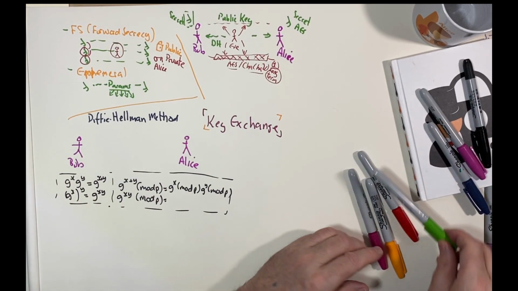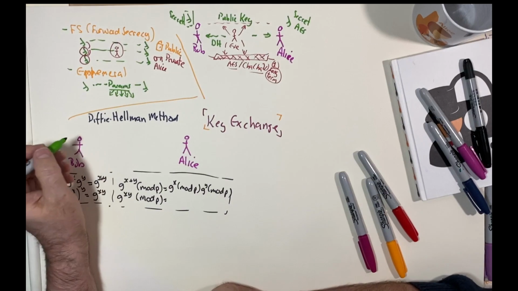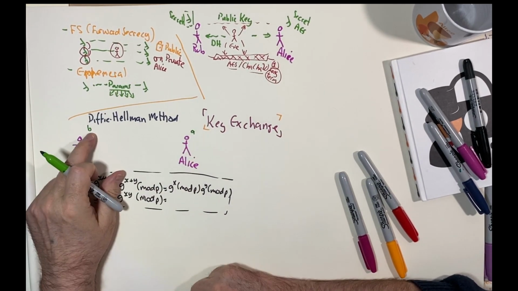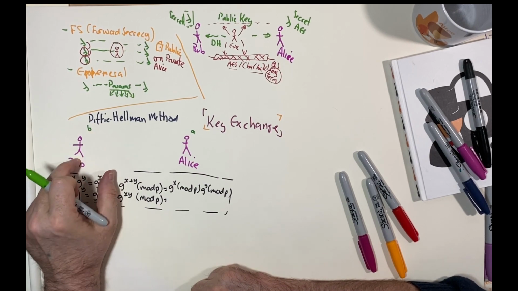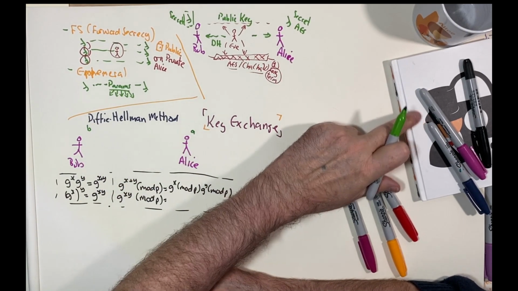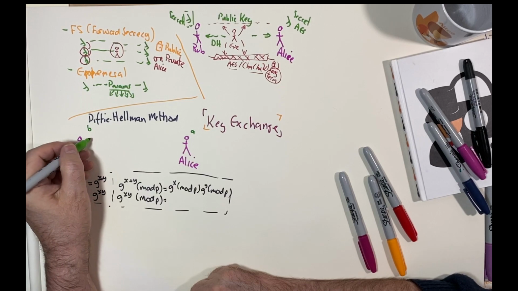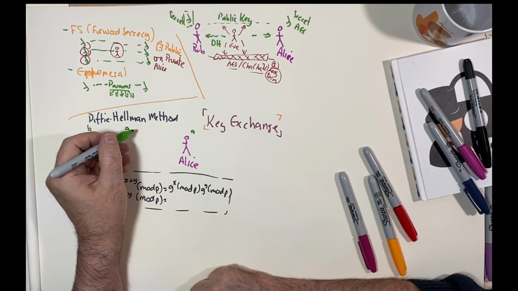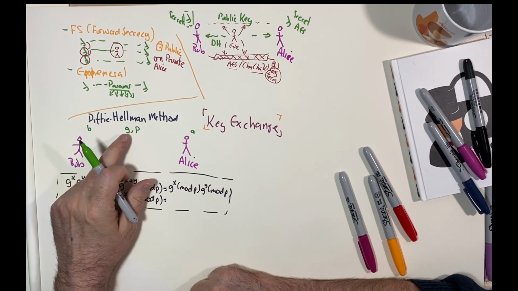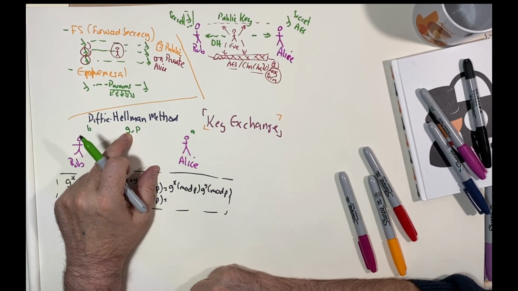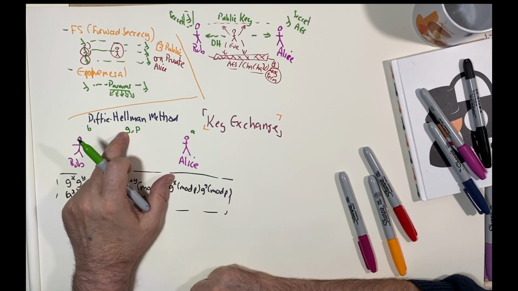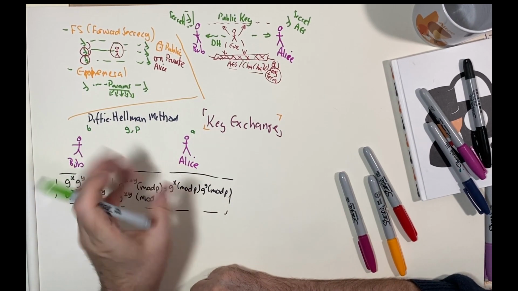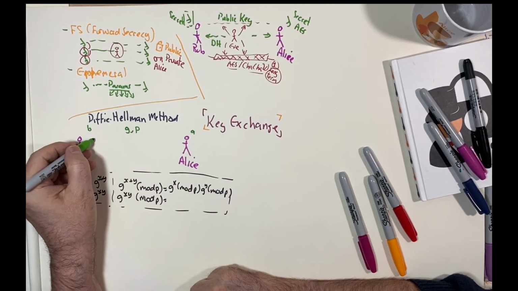So let's look at the operation of it. We'll generate a random value of b for Bob and a for Alice. Then Bob and Alice agree on two values: a generator value G, typically 2 or 3, and a prime number P, which is going to be large enough to keep the security.